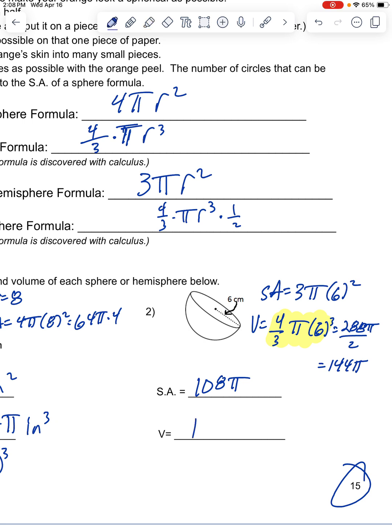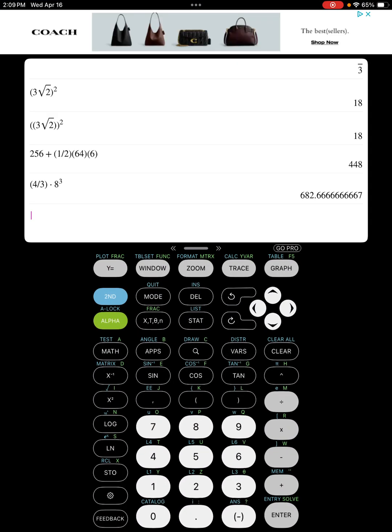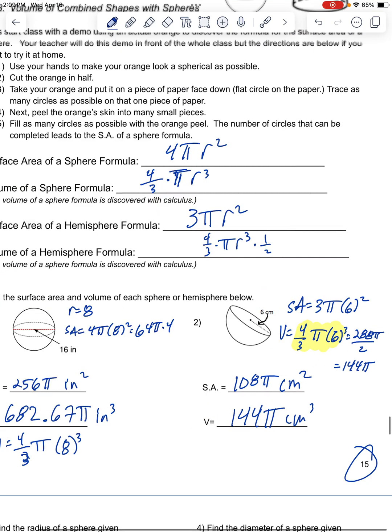That gives 144 pi centimeters cubed, and this should be centimeters squared. You could have also just done 6 to the third times 1/2, and that would get 144. Both would work. Remember, just slap pi on your answer.